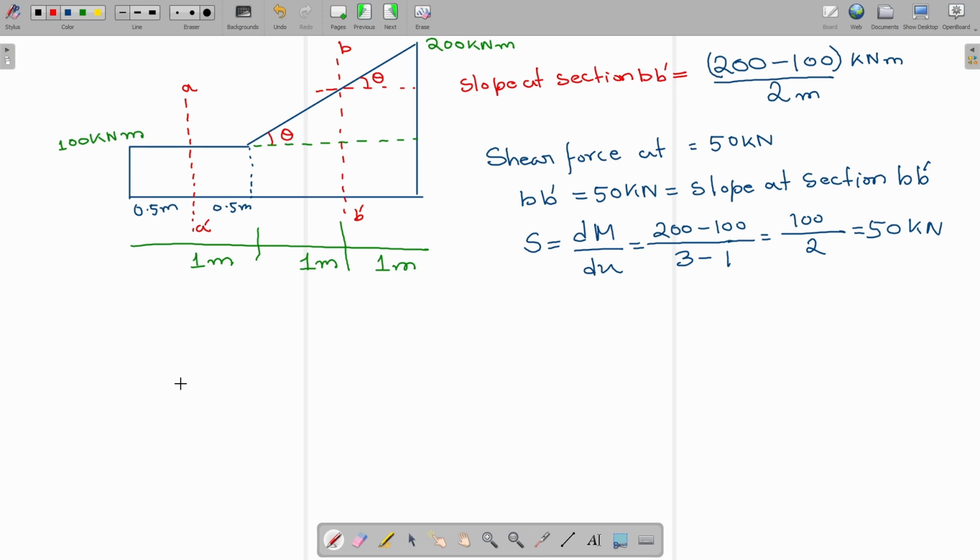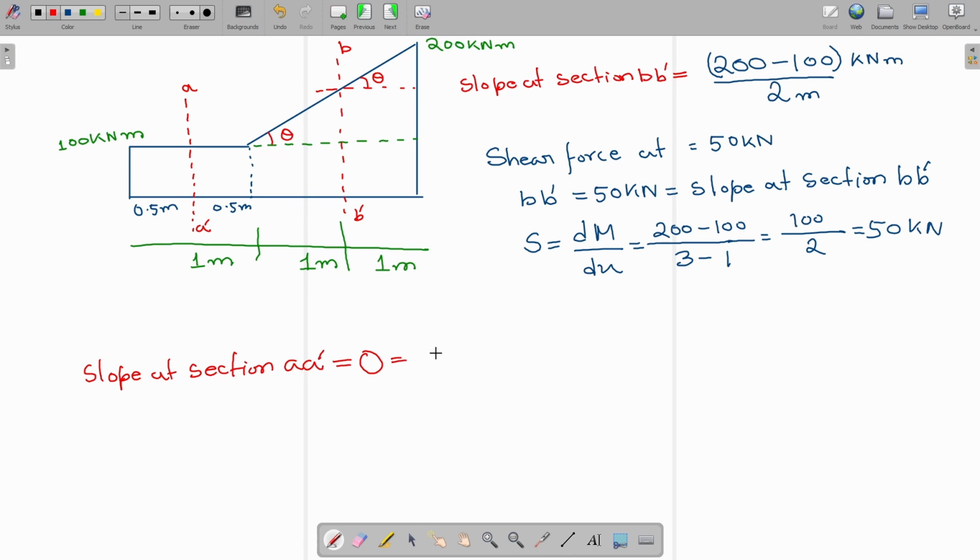Now, slope at section AA dash. We need to consider this one now. Slope at section AA dash is basically 0. As you can see, there is no inclination. Inclination is 0. Now, since inclination is 0, the slope is also 0.